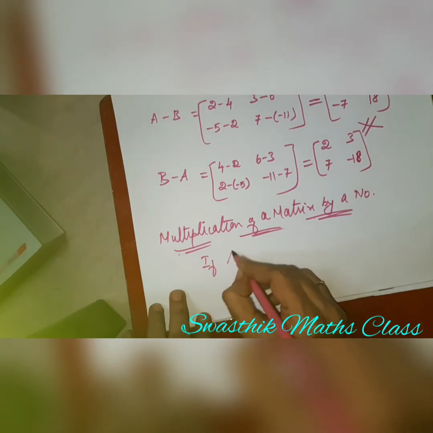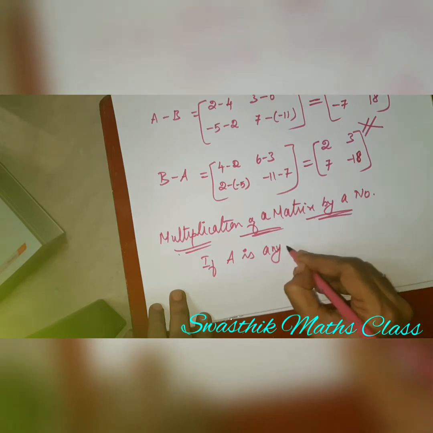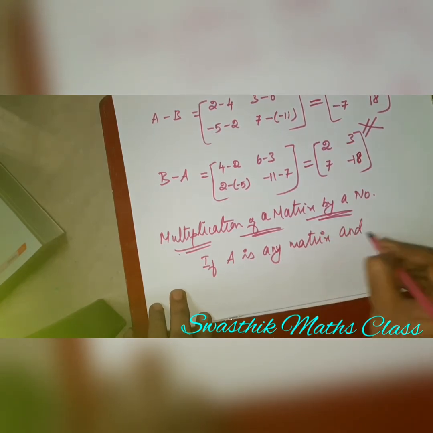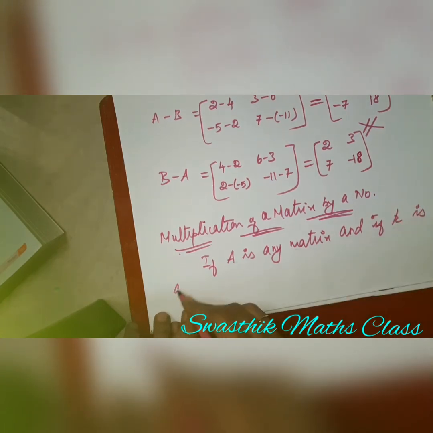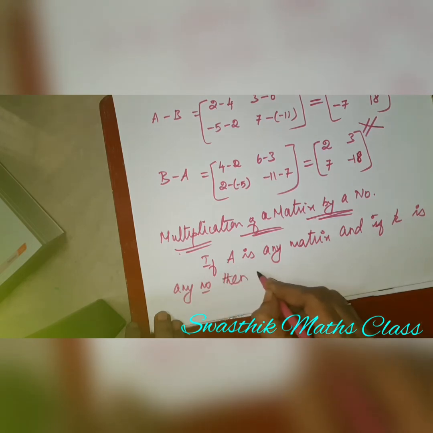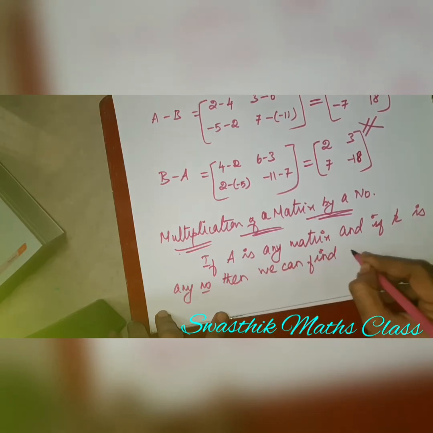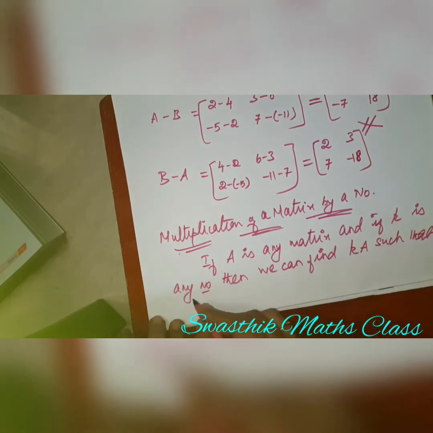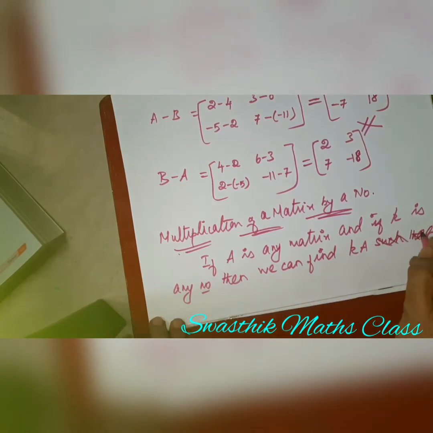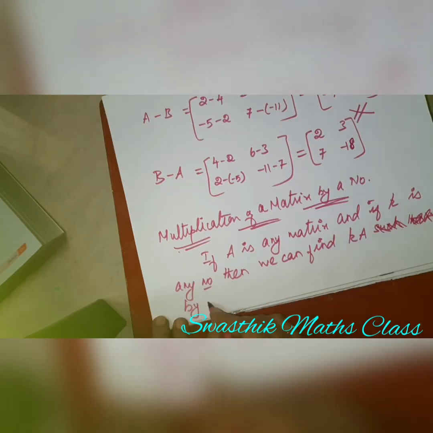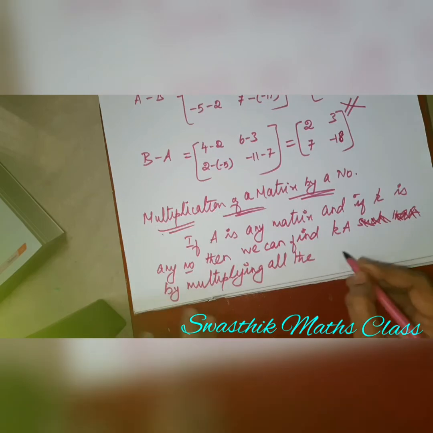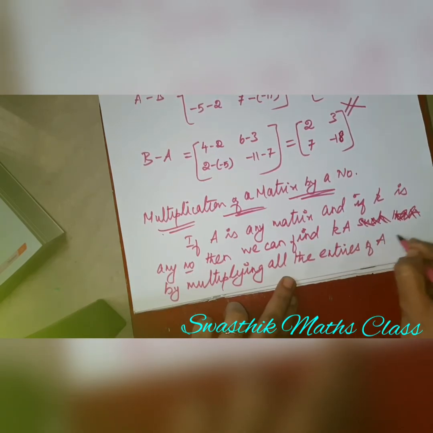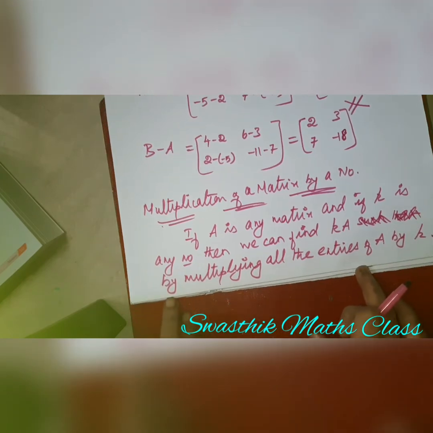If A is any matrix and if K is any number, then we can find a new matrix Ka by multiplying all the entries of A by the number K. So in this way we can find the new matrix Ka.